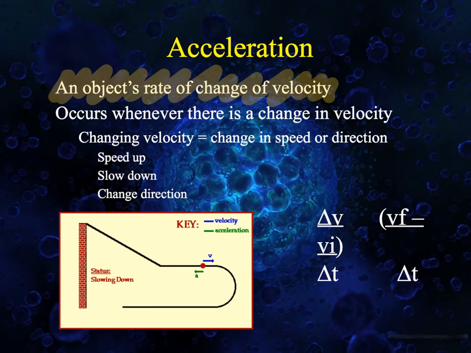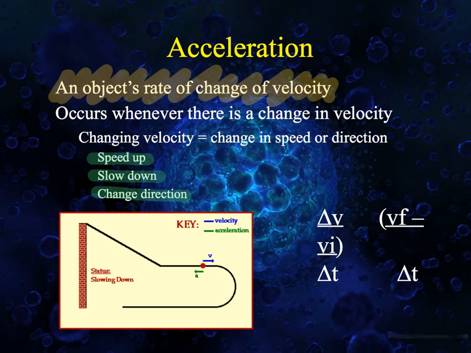Okay, so these three keys will identify an object that is accelerating: if you speed up, if you slow down, if you change direction. Now if you think about this in your car, if you've ever driven before or seen someone drive, there are controls in your car that allow you to speed up, slow down, or change direction.